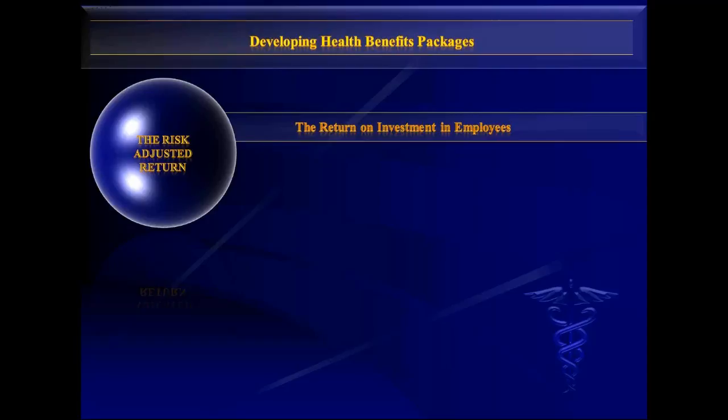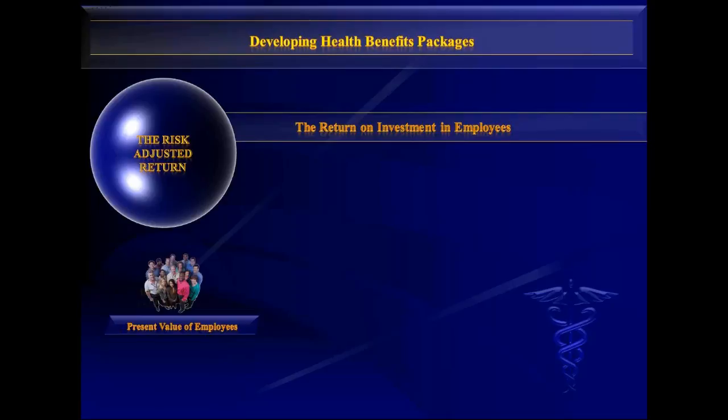Okay, I'm sorry. Let's go back. The employee's worth $100. We're going to issue them a salary of $50 plus a benefits package that's worth $100. So for the $100 that we get in our bank account, we're paying $150. Okay, that will not maximize the return on investment in employees. Our company will definitely be operating at a loss.